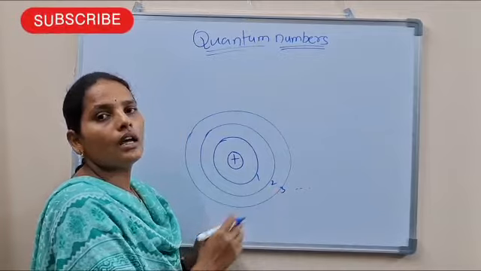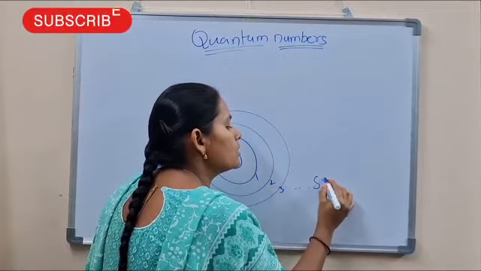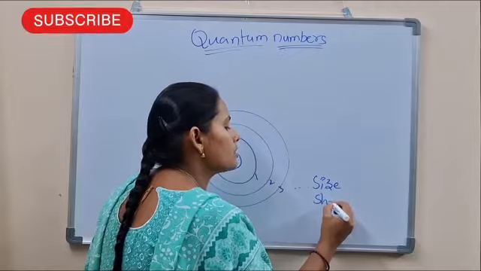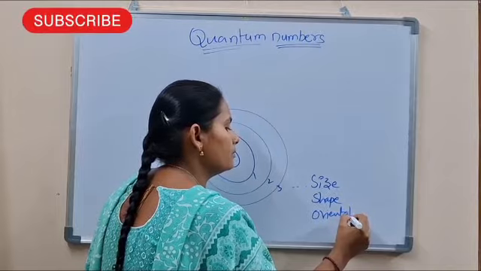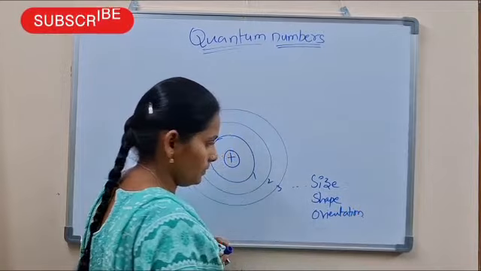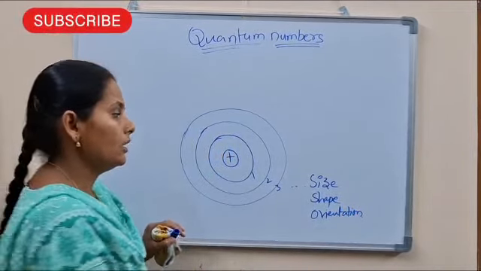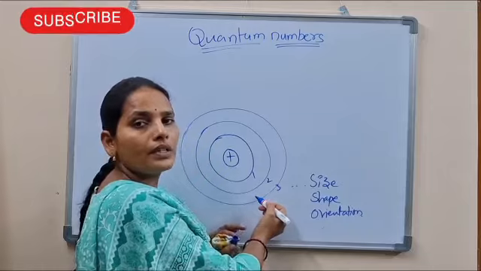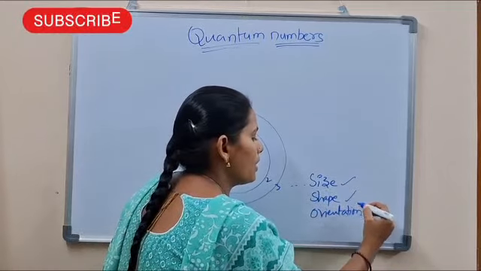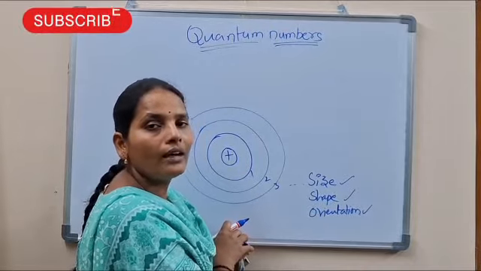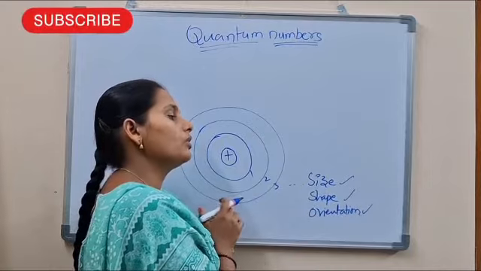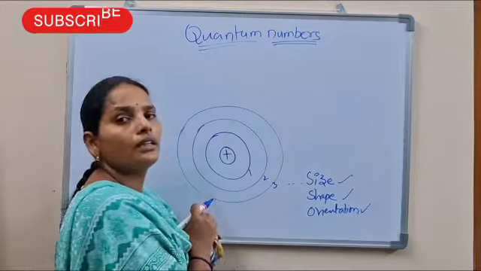These orbitals represent the size, shape and orientation of the electrons in an atom. How are they representing this?